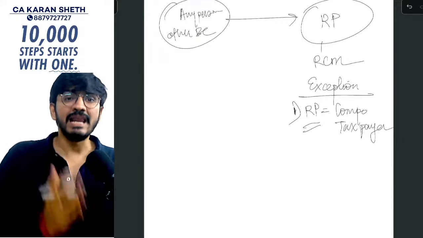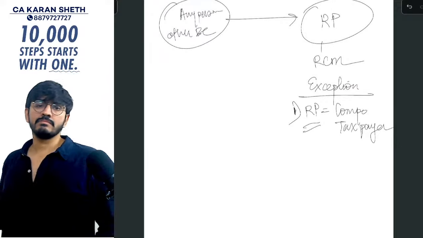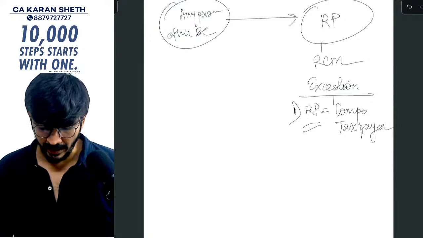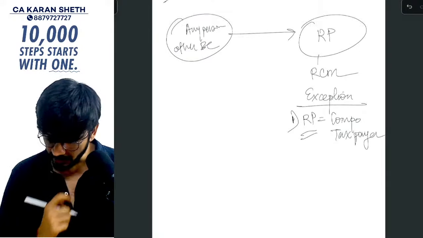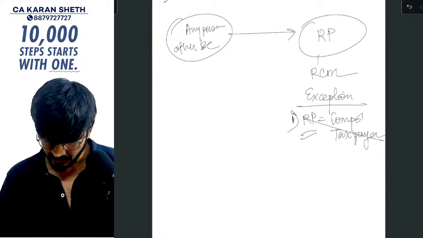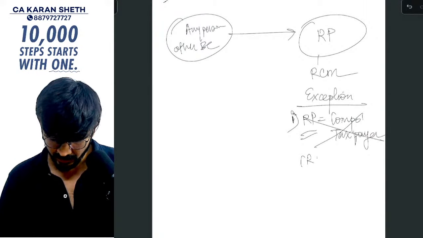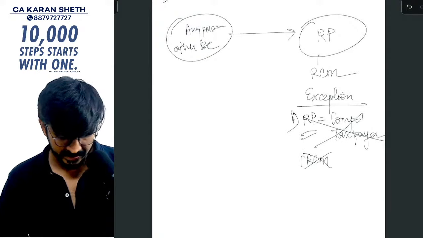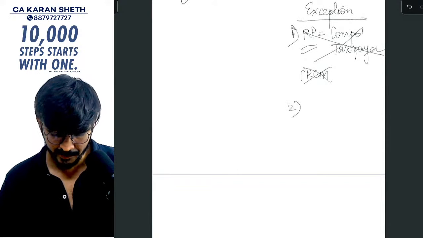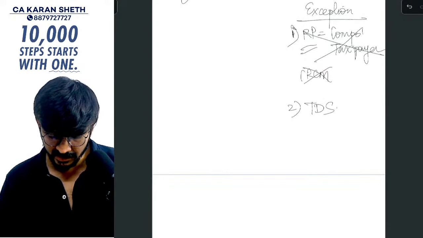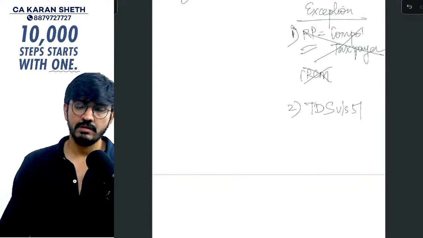No RCM. Absolutely no RCM. In that case, the supplier will pay tax. And the second exception is if the person happens to be a TDS deductor under section 51.